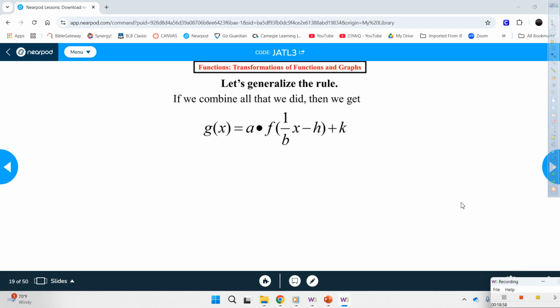Our new general rule looks like that. G of x equals a times f of 1 over b x minus h plus k. Write that down, please. So let's recap on this one.